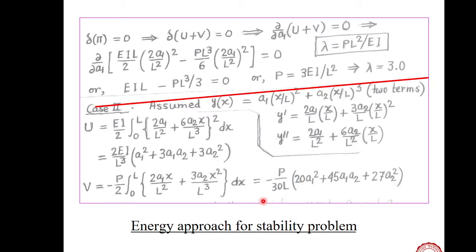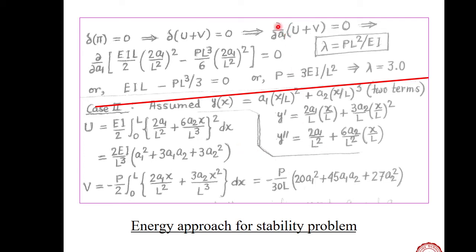Rather, you see, if this is our u plus v, then how many unknowns are there? 2. And what will be this variation operator now? There are 2 unknowns, any of them can be varied, or it's a virtual displacement. So a1 and a2, both are variables there. We can vary them somewhat.